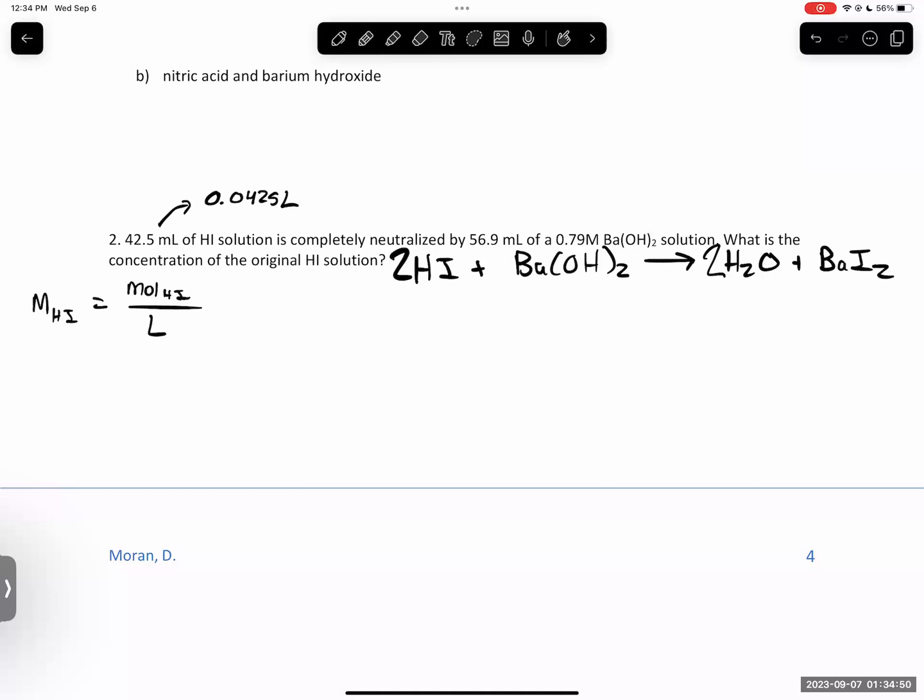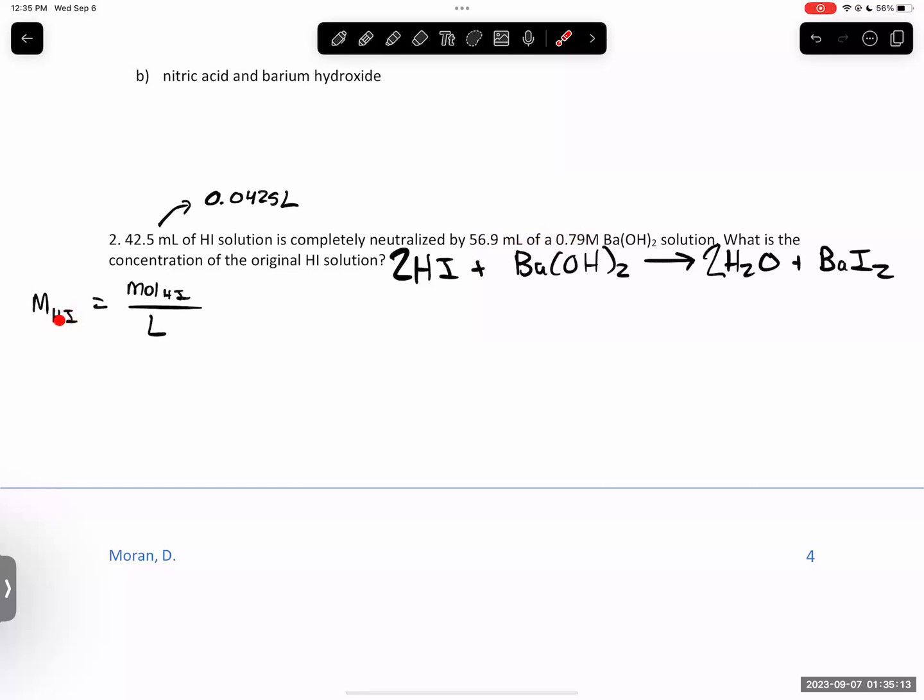So we need to get from moles of barium hydroxide. How do we know that? They give us enough information to calculate the moles of barium hydroxide. Do they or do they not? They give us the liters and they give us the molarity.